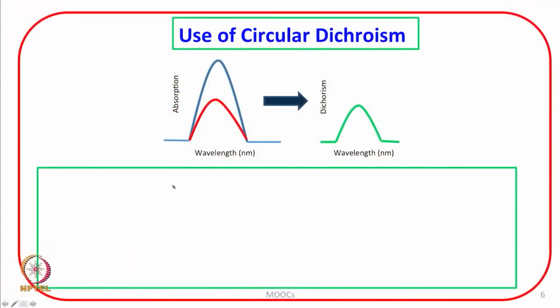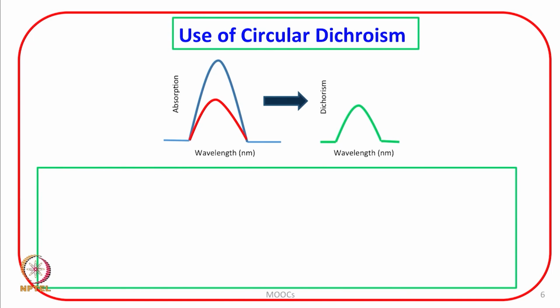And it is the difference in the absorption which is measured in circular dichroism spectroscopy. As we can see in this figure, let us say one of these absorptions we take as left circularly polarized light and the other is right circularly polarized light, and the difference is measured in circular dichroism spectroscopy.